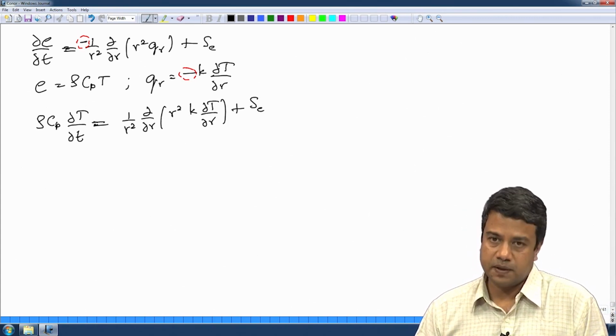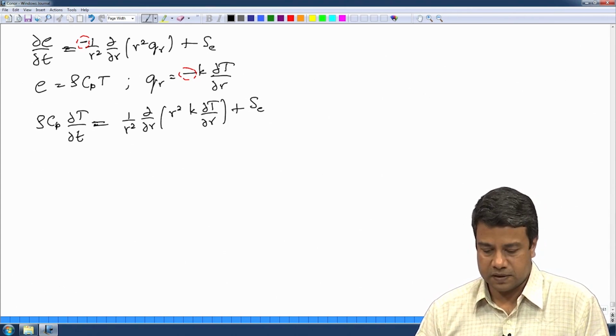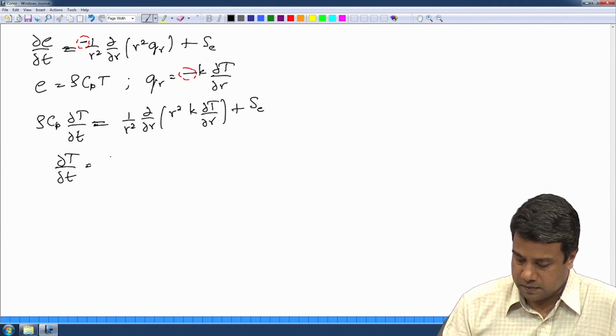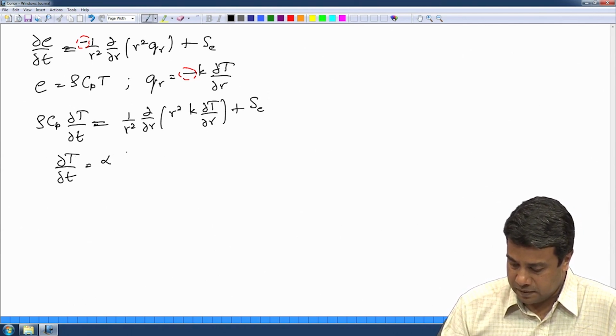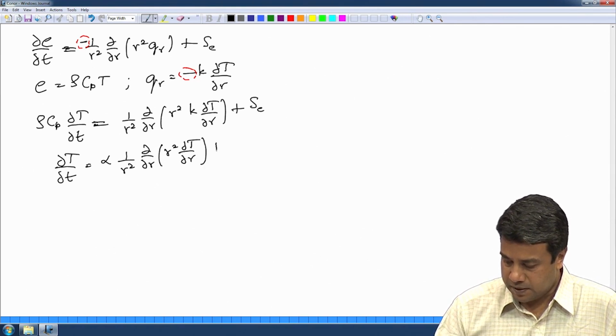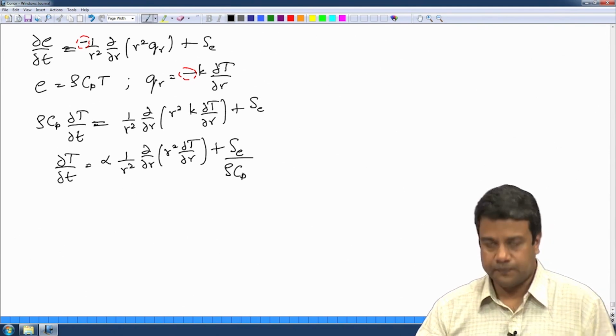If K is independent of position, once again, if you assume that the thermal conductivity is independent of position, the temperature just becomes dT by dt is equal to alpha 1 by r square d by dr of r square dT by dr plus the source by rho Cp.